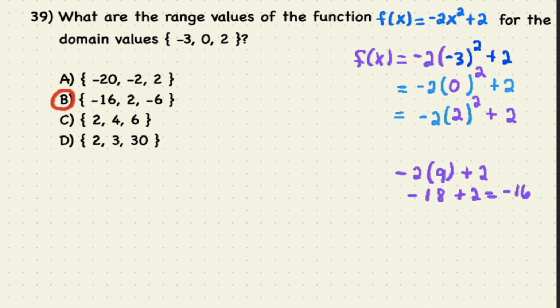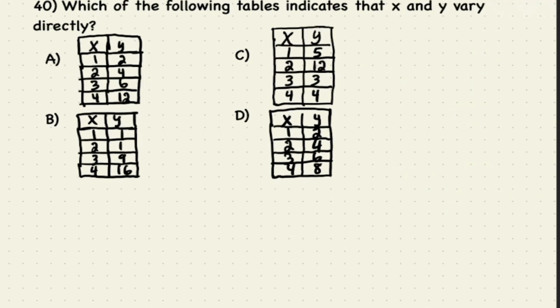So let's move on to number 40. Which of the following tables indicates that x and y vary directly? So x and y vary directly. Okay, so that's y equals k times x. So let's take a look at these tables.